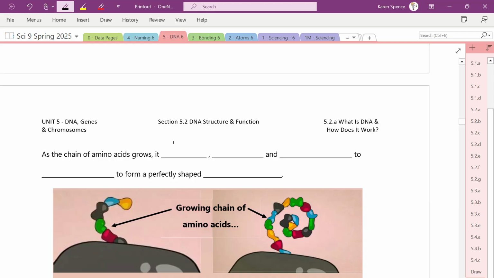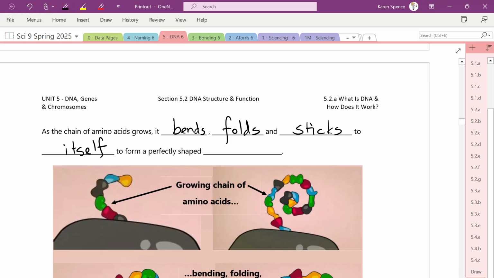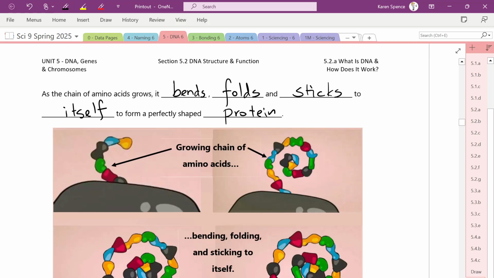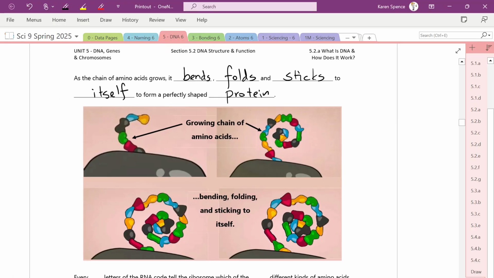It bends, folds, and sticks to itself to form a perfectly shaped protein. So you can see here, we have like a little stop motion almost, like we get this little chain of amino acids and then a bigger chain and then a bigger chain, and it bends and it folds and it sticks to itself.